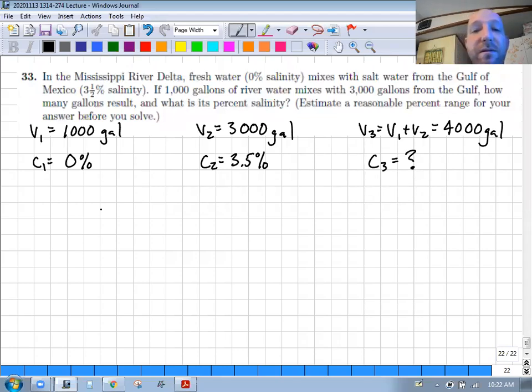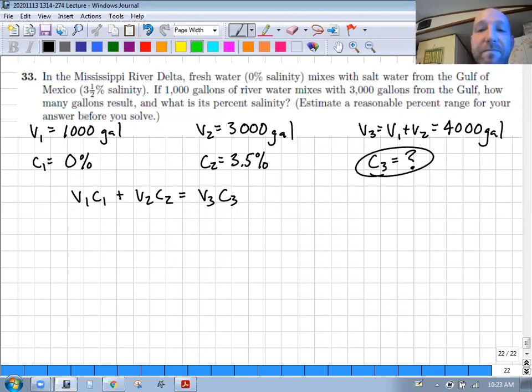Well, remember our equation: V1C1 plus V2C2 equals V3C3. One volume at its concentration added to the other volume at its concentration gives you a third volume at its concentration. So we're solving for C3 here.